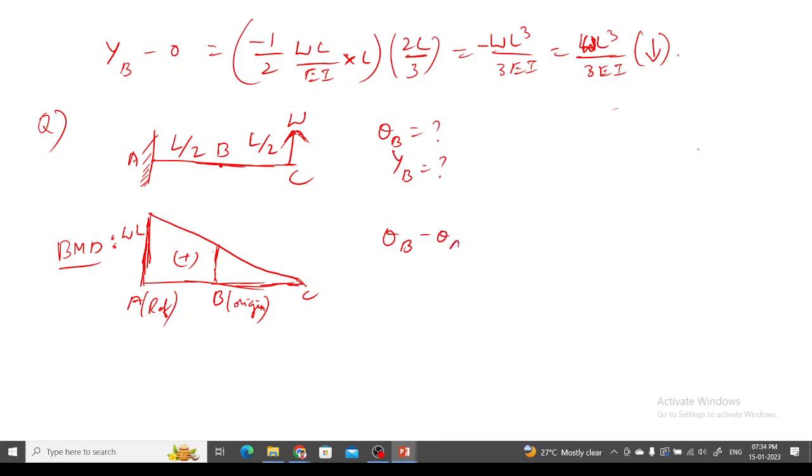Area of the M by EI diagram. If I draw the M by EI diagram, it will again look like a triangle with the far end value WL by EI. This is point B, this is point A, this will be WL by EI. M by EI diagram.